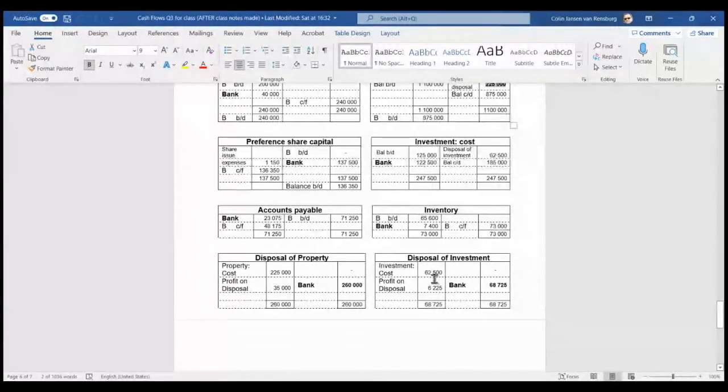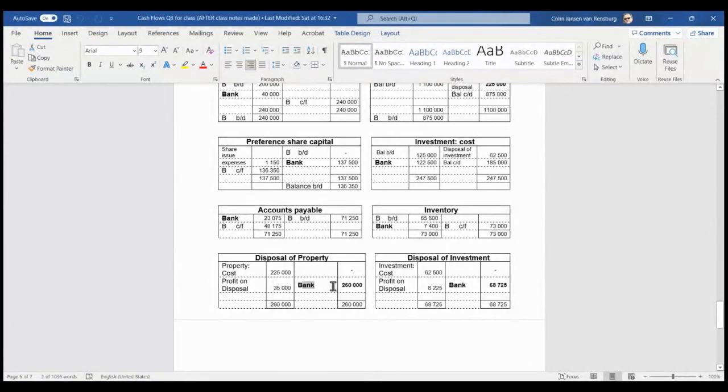The asset disposal account. No, that's the investment, sorry, disposal of property. There we go. So there we've transferred the cost of the property. We've seen that we had proceeds on disposal of property of 260,000. Therefore, we had a profit on the disposal of 35,000.